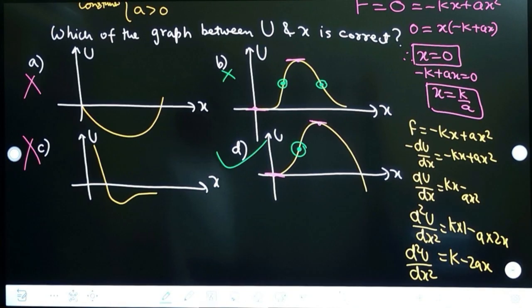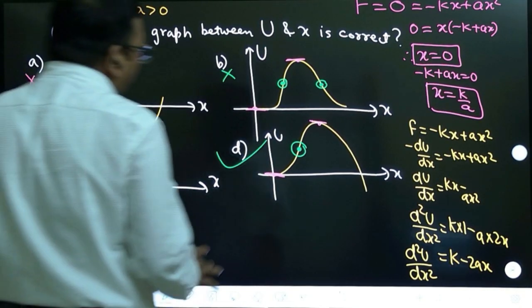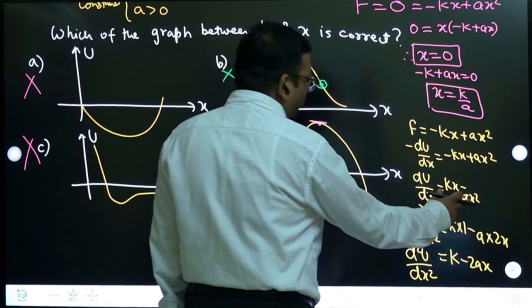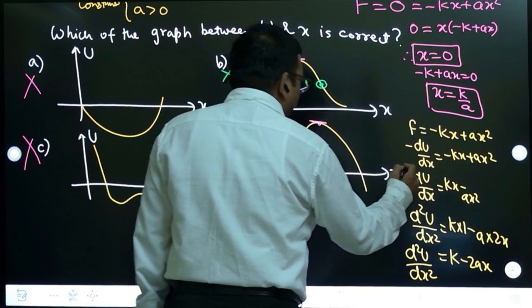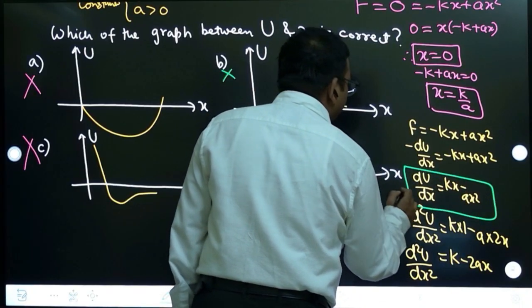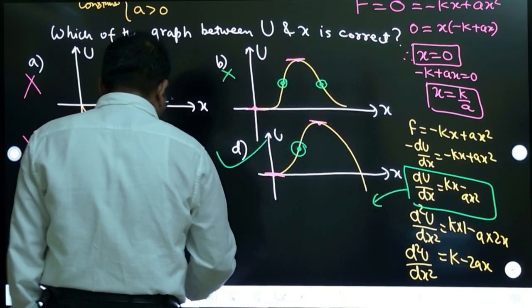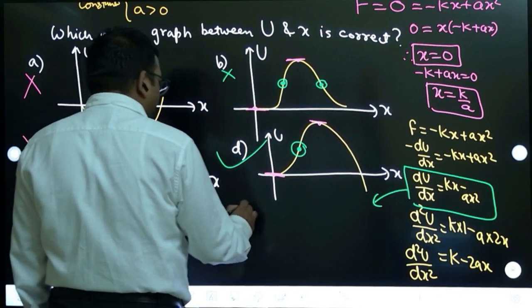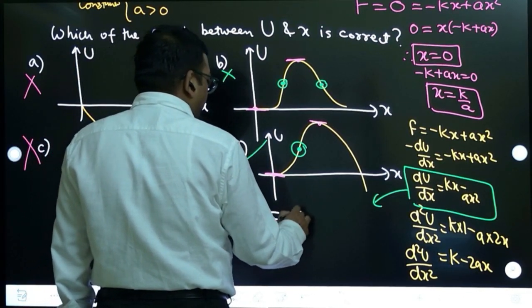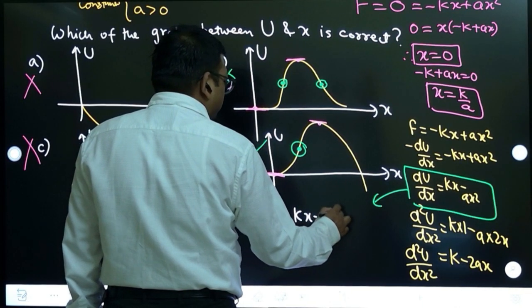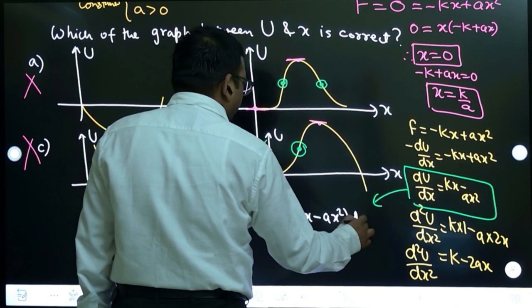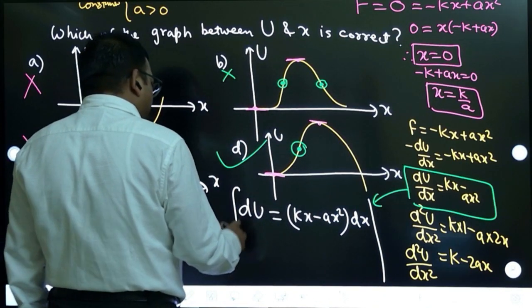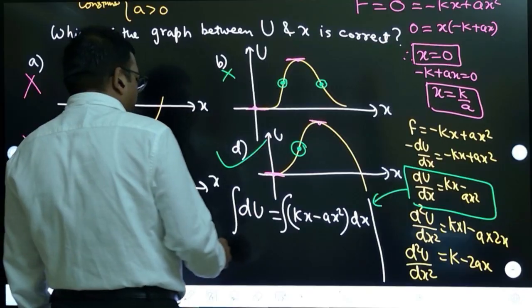Now there is another way. If I directly want to solve this, then du by dx I got from here. From this step, I will try to solve this question by integration. I will bring du to one side and write kx minus ax square times dx, and then integrate both sides. Let us integrate.